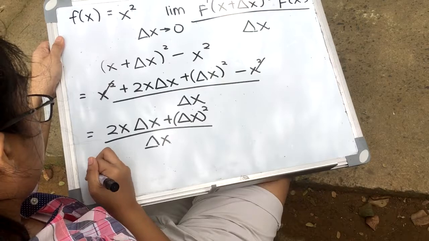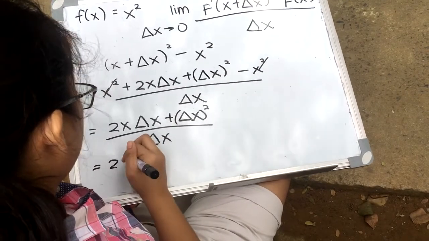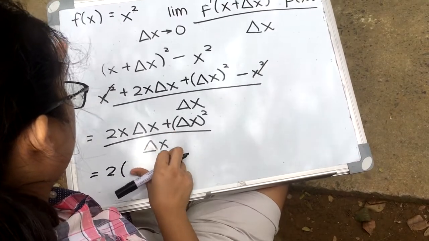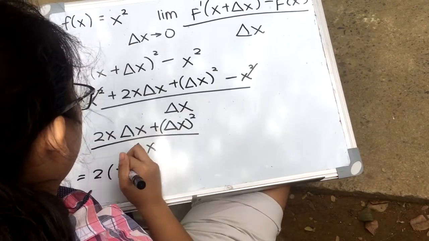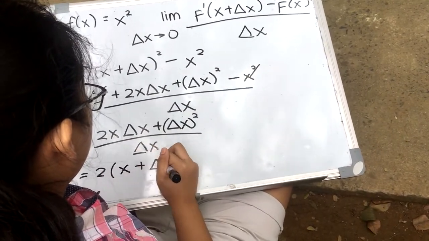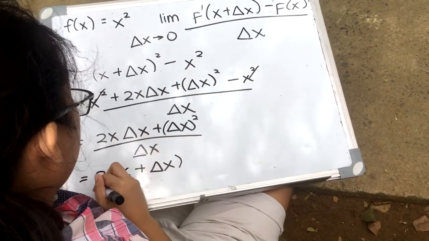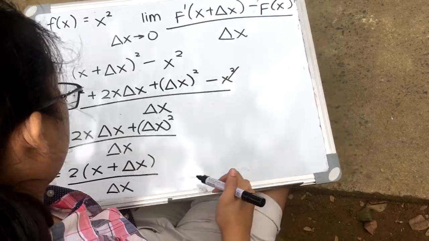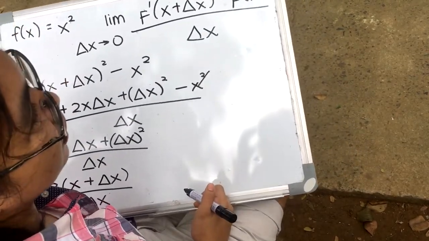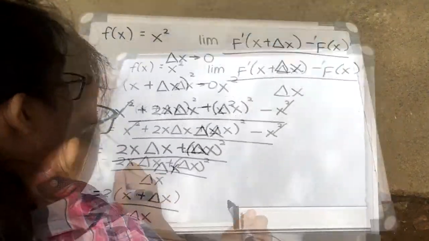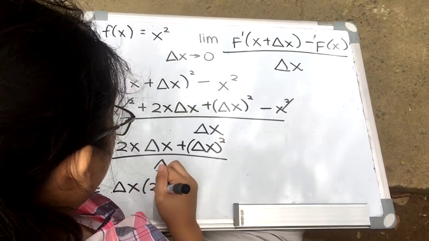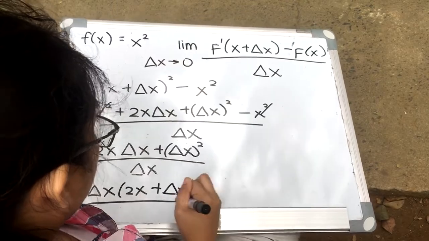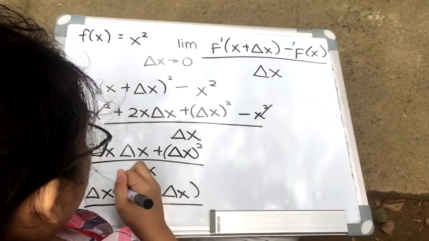After that, we must factor it out. Wait, I think I am factoring wrong. Isn't this right? I think not. Now, correcting our factoring, we must factor out delta x times 2x plus delta x, all over delta x.